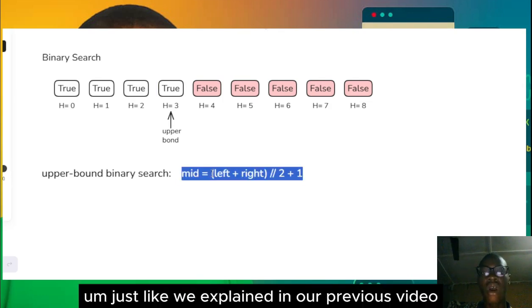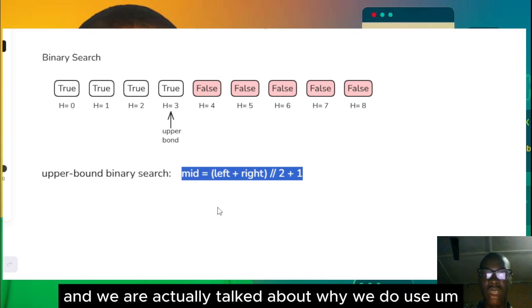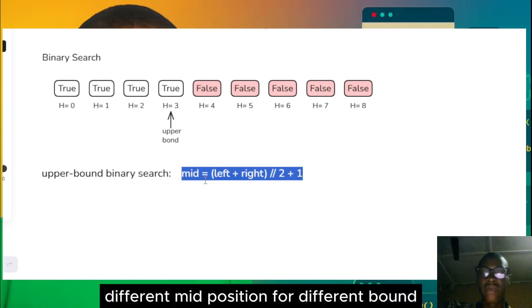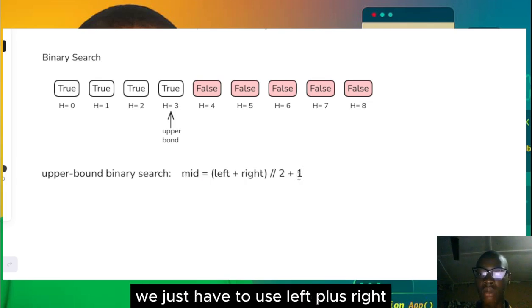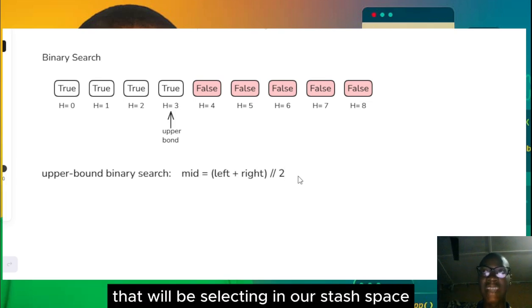So therefore, just like we explained in our previous video, we've done a couple of videos on binary search, and we actually talked about why we use a different mid position for a different bound. If we are finding the lower bound, we just have to use left plus right divided by 2 to represent the middle position that we'll be selecting in our search space.